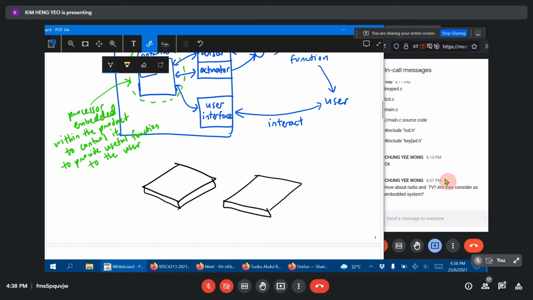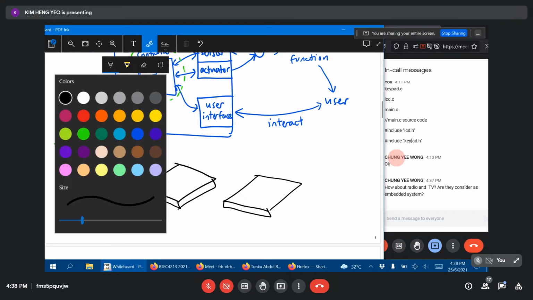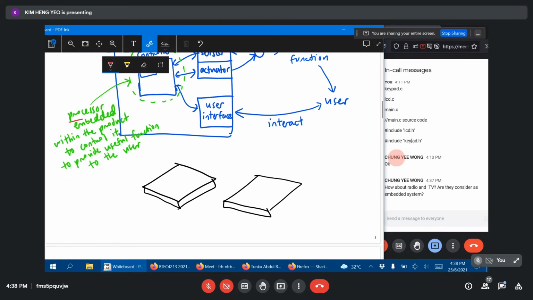There are some digital chips that will control the old type of TVs, the cathode ray tube, and show you images and sound. So this doesn't have a processor inside. That's a very good question. The keyword is processor. In order for a product to be called an embedded system, it must have a processor inside.